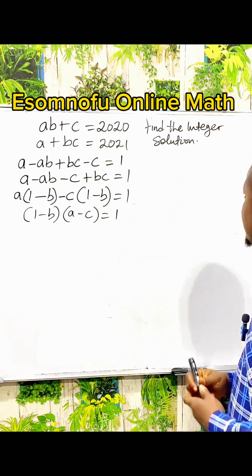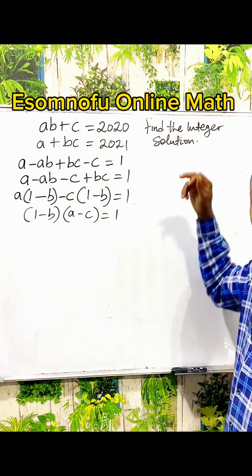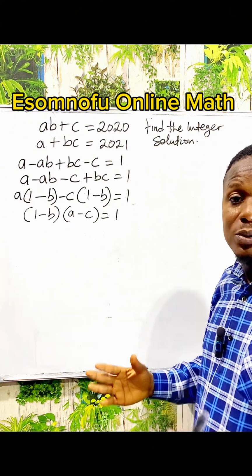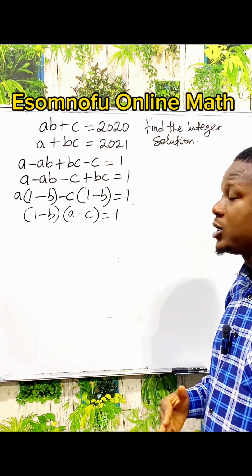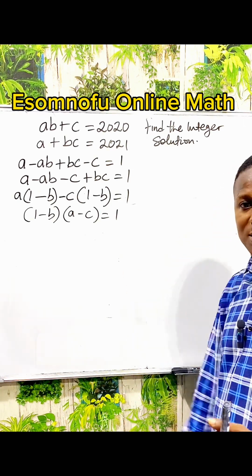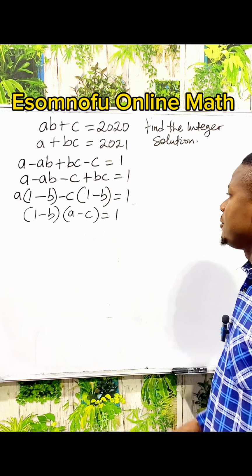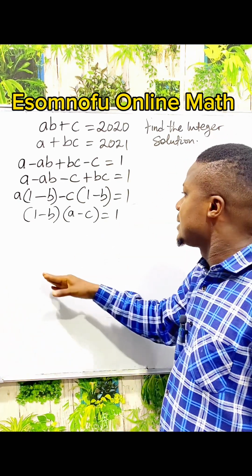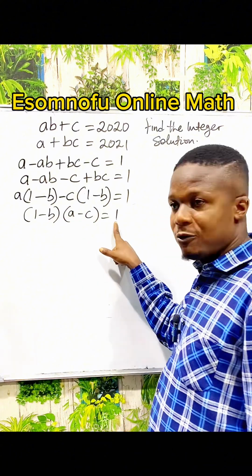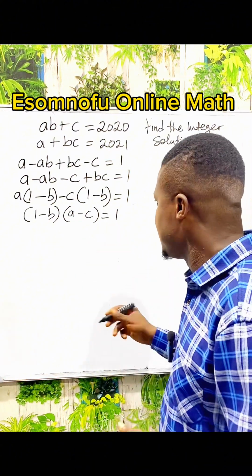Now, because the question is interested in integer solutions, an integer must be a positive or negative whole number or 0. So we don't want a fraction or decimal. Therefore, for me to get a product of 1, two things are possible.